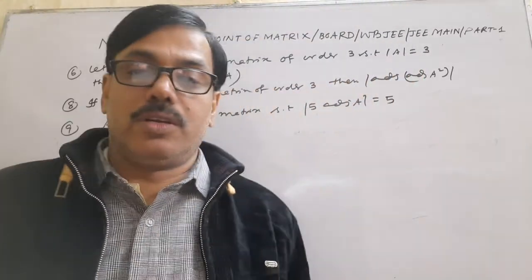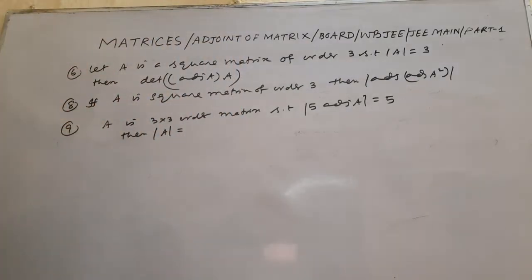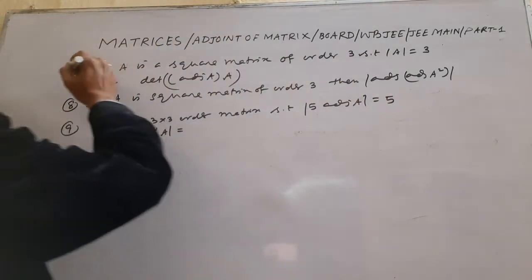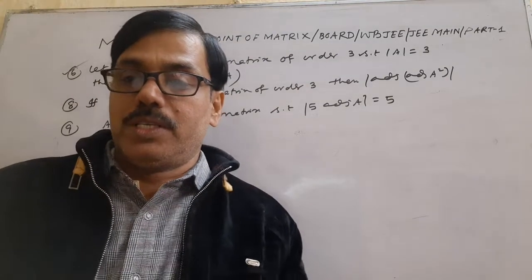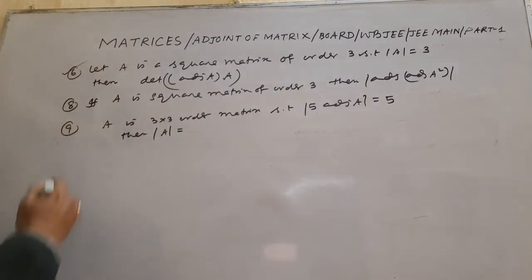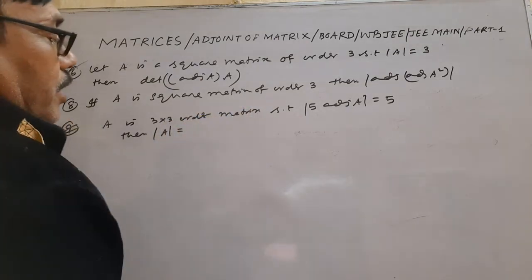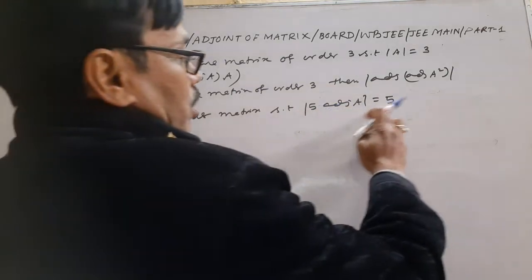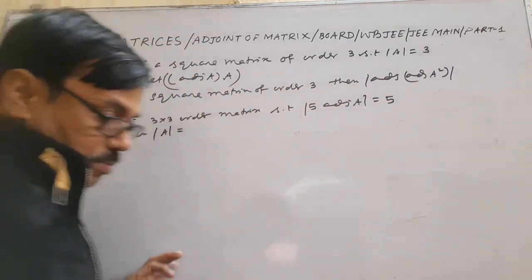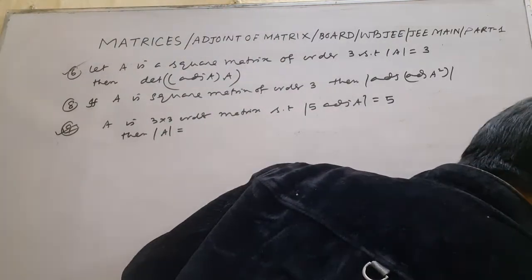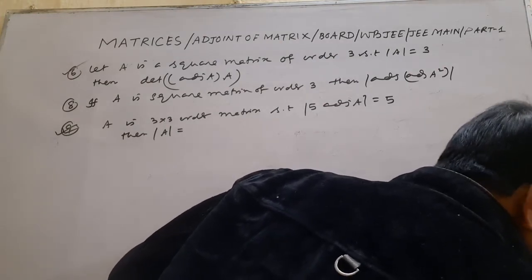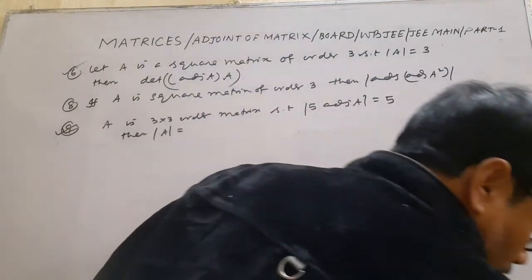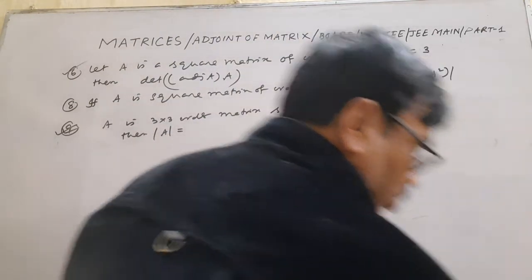Now we consider 3 basic problems. These are of 1 marks or 2 marks problem of Wbjee. So consider problem number 9. A is a 3-order matrix such that 5 into adjoint of A equals 5.